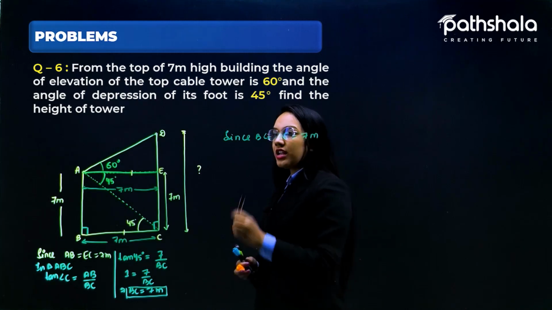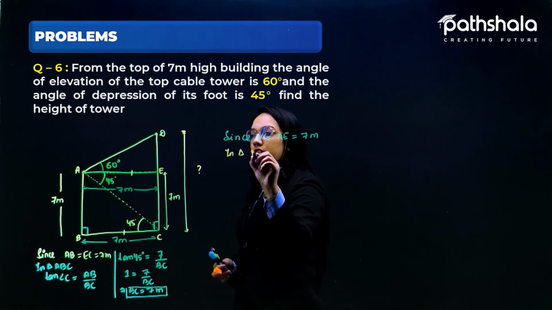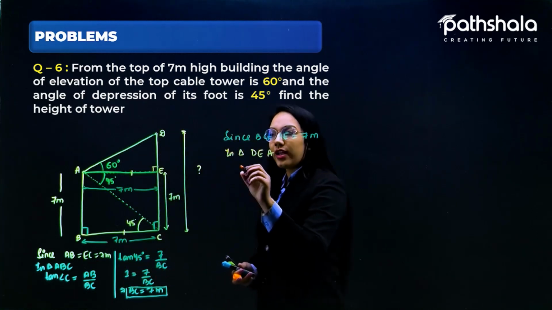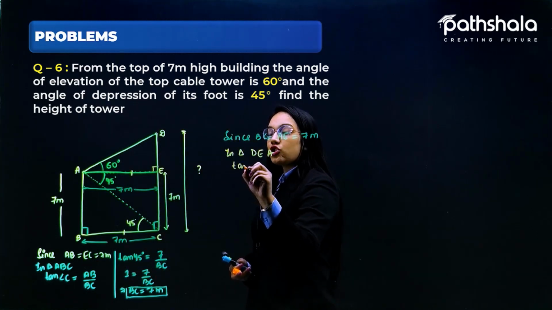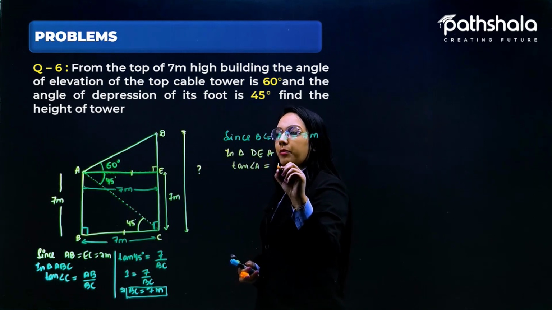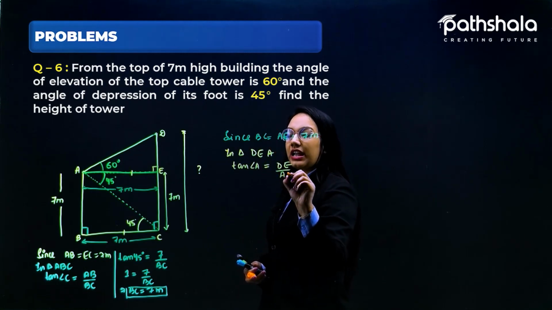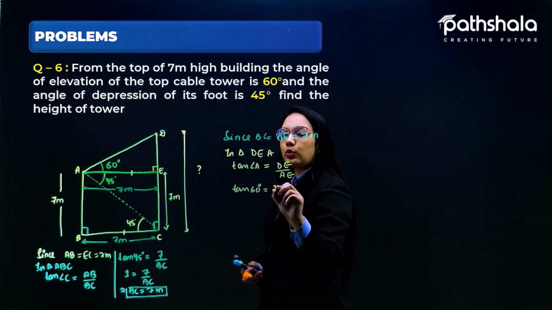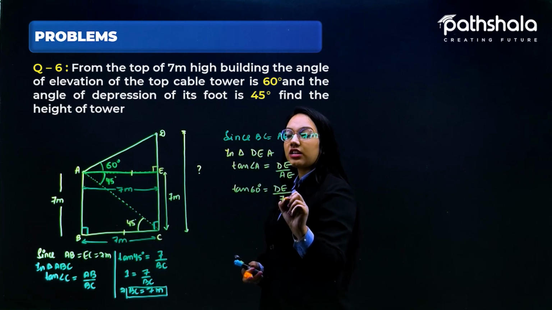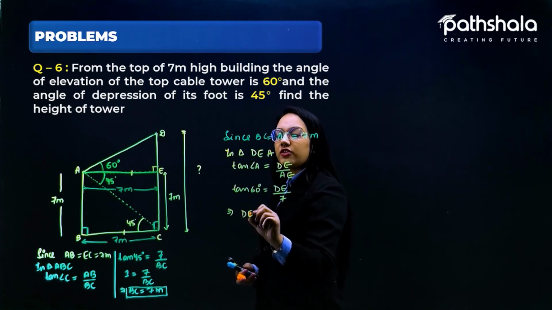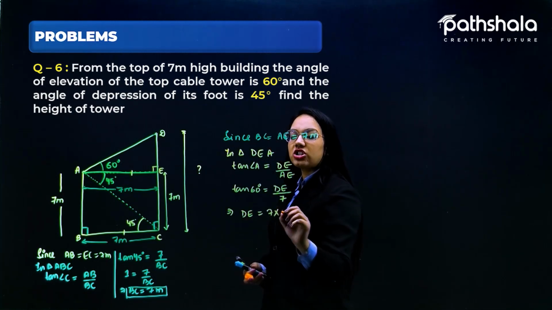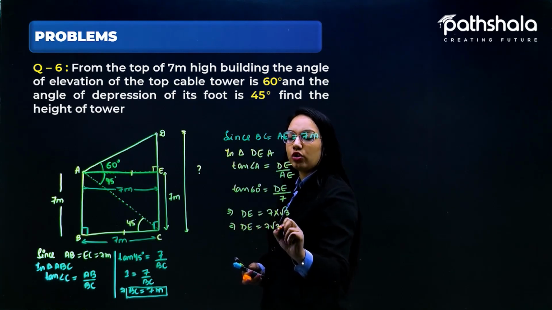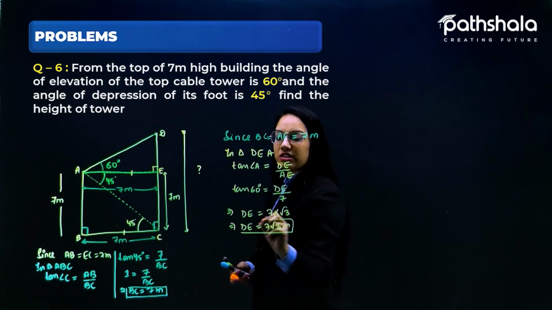As you can see in the triangle DEA, this is also 90 degrees. So the tangent of angle A is the perpendicular by the base, which is AE. Tangent of 60 degrees is equal to DE by AE. AE is 7, so DE equals 7 times tan 60. Tangent of 60 degrees is root 3, so we get DE as 7 root 3 meters.